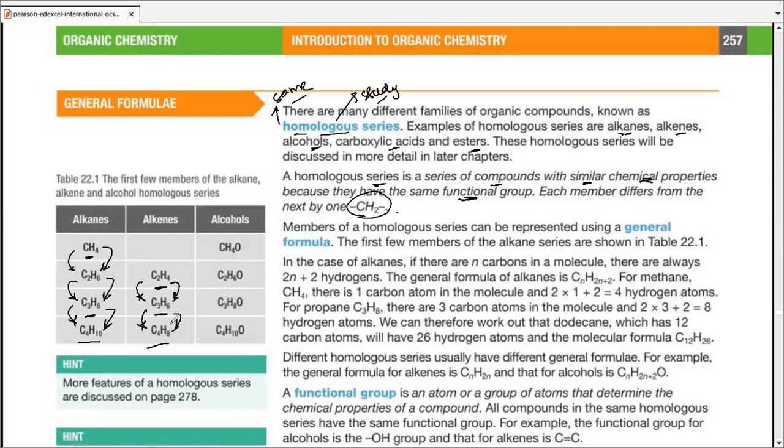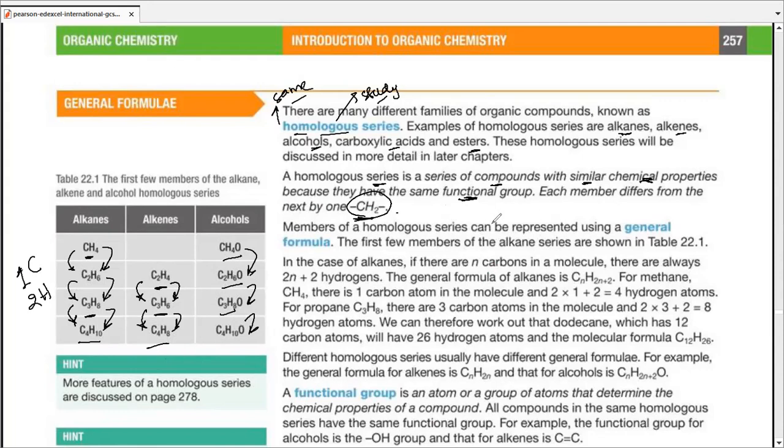That's how we are working. Alcohols, CH4O, C2H6O, C3H8O. So you'll notice the same difference at every step. The difference would be one carbon, and the difference would be two hydrogen at every step. Make sense? Yeah, makes sense.